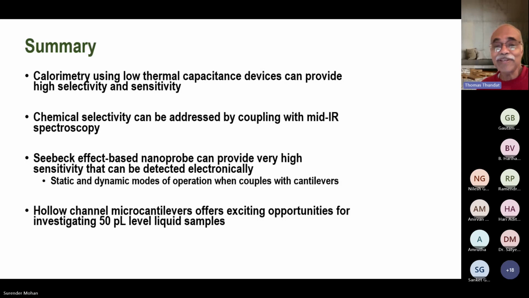And the Seebeck effect is an extremely interesting effect for looking at extremely small amounts of material, and the hollow channel cantilevers offer all kinds of exciting opportunities for investigating material in the liquid phase. Next slide.